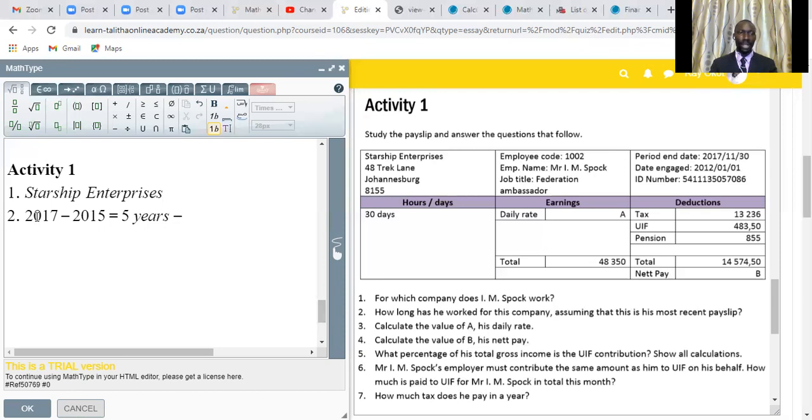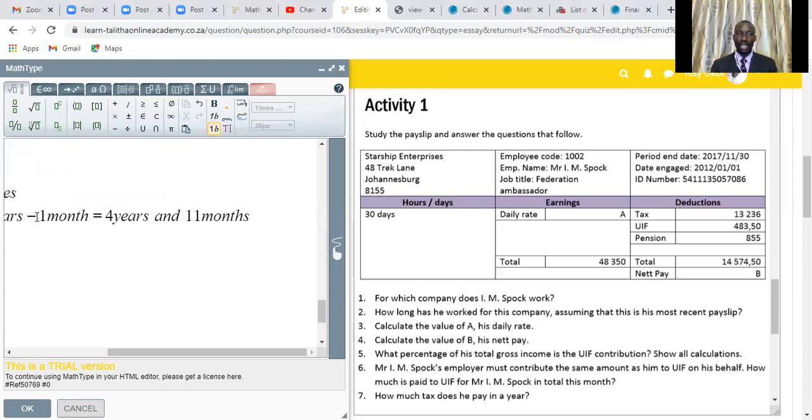That is 5 years minus 1 month. What is this going to give us? Well, this is going to give us 4 years and 11 months.